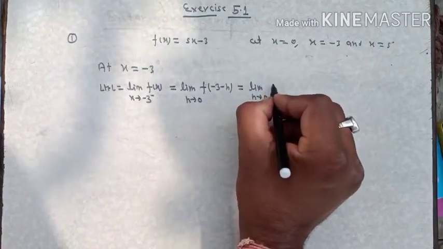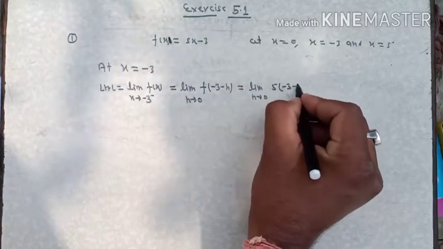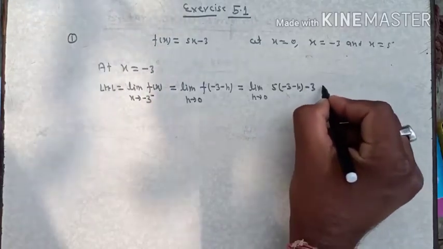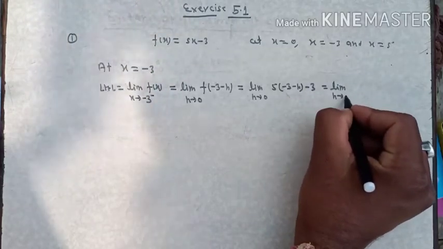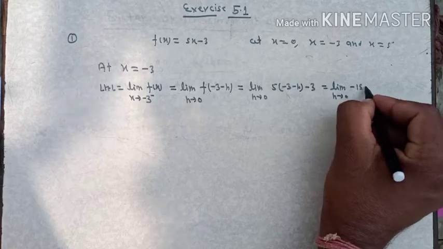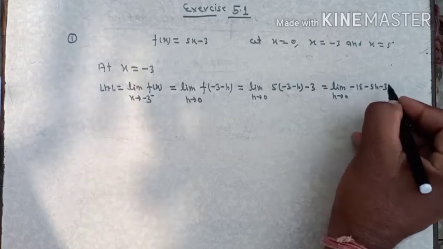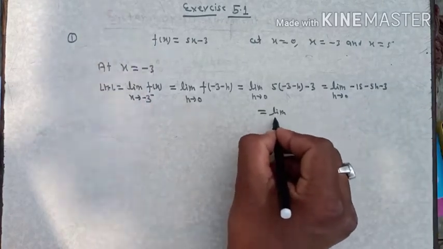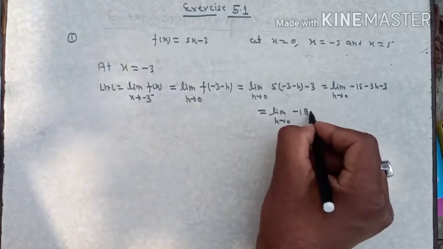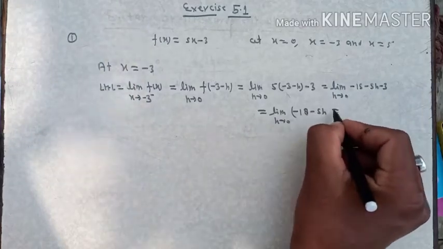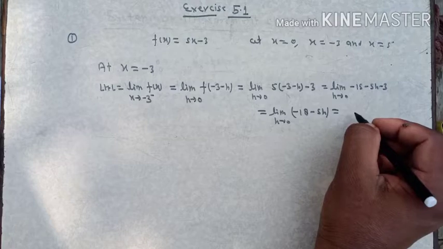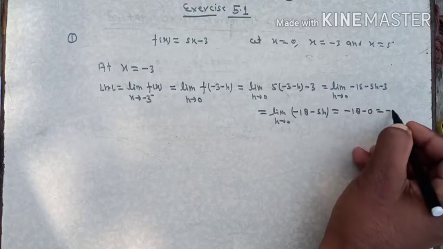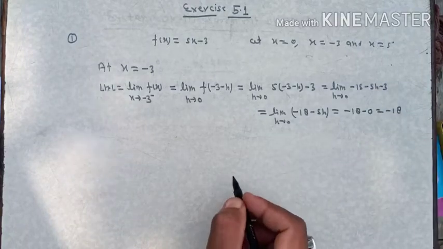So f(-3 - h) is 5(-3 - h) - 3, equal to the limit as h tends to 0 of -15 - 5h - 3. So the limit as h tends to 0 of -18 - 5h. On putting the limiting value of h, -18 - 0 is equal to -18. So the left hand limit is equal to -18.